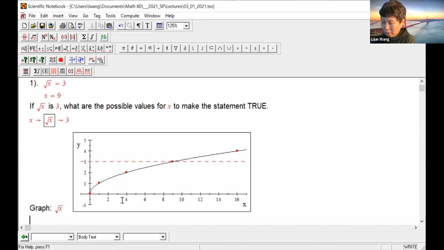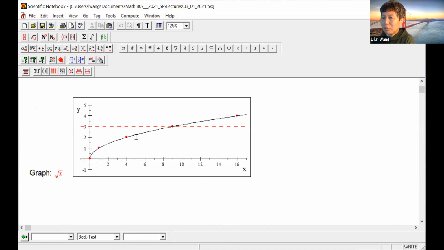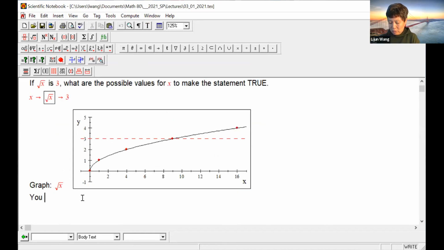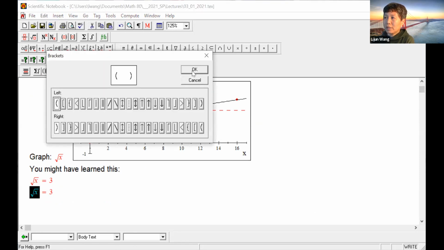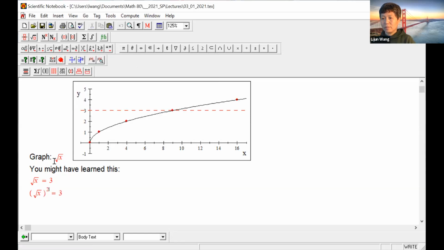Solving this equation, root x is equal to 3. You're going to square both sides. Square both sides. The left-hand side is x, and the right-hand side is 9.